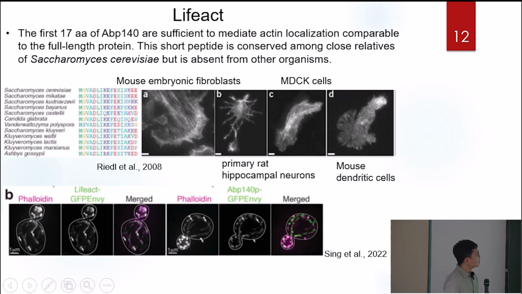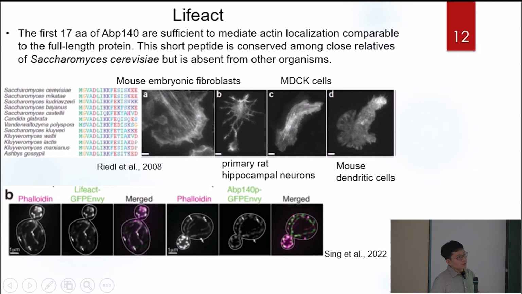From 2008 to around 2010, the couple of years after this was developed, it looked great. In almost every cell type people tested, most of the time it worked perfectly, with no effect on actin dynamics, and the actin looked pretty good.